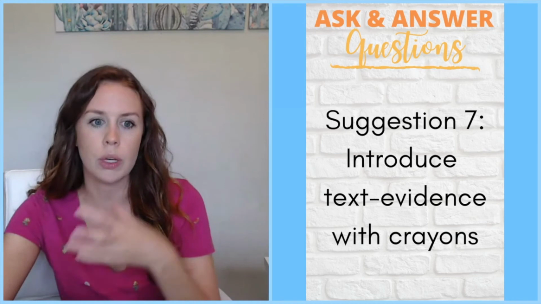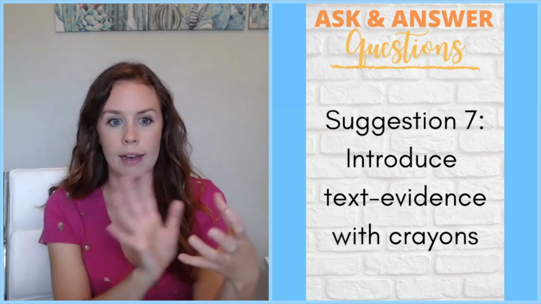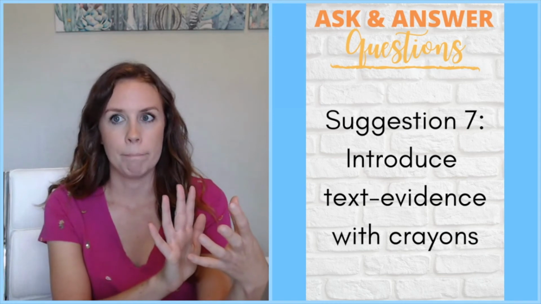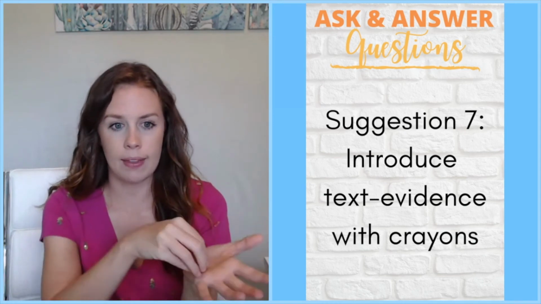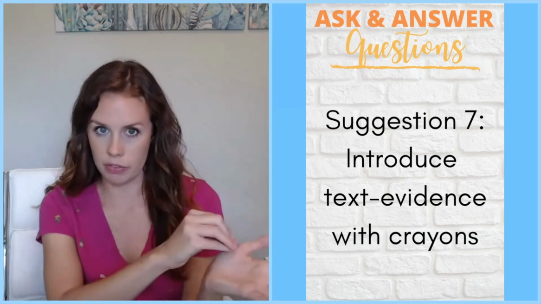But then, as you get into 3rd grade and 4th grade, you might have to split that up and have them underline the text evidence and then ask them a more in-depth explanation based off of what they underline.